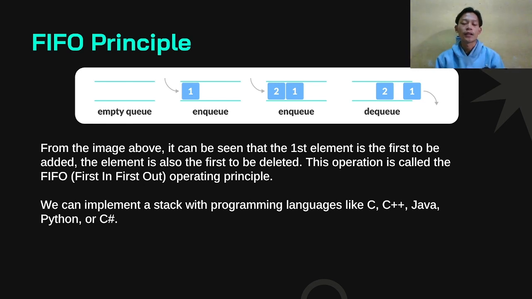The element is also the first to be deleted. This operation is called the FIFO, first in, first out, operation principle. We can implement a queue structure with programming languages like C, C++, Java, Python, or C Sharp.